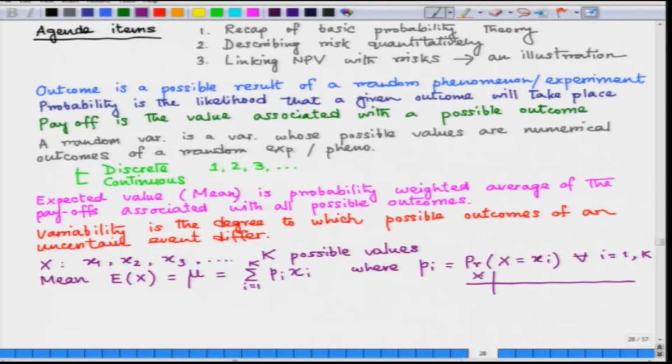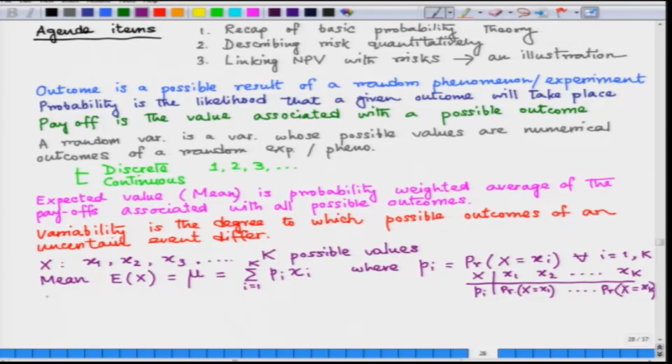The discrete random variable x takes various values, say x1, x2, up to xk, and then Pi is basically the probability that x takes value x1 for the first value, and then Pk would be the probability that the random variable takes value small xk.